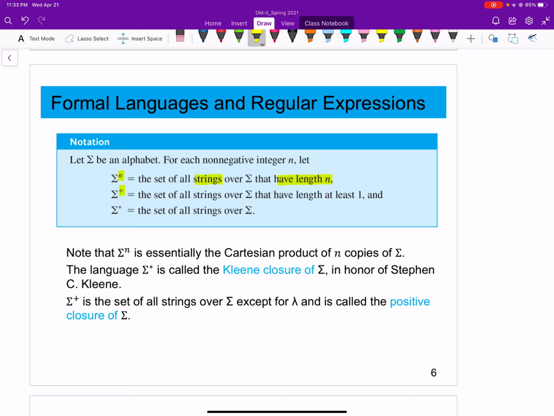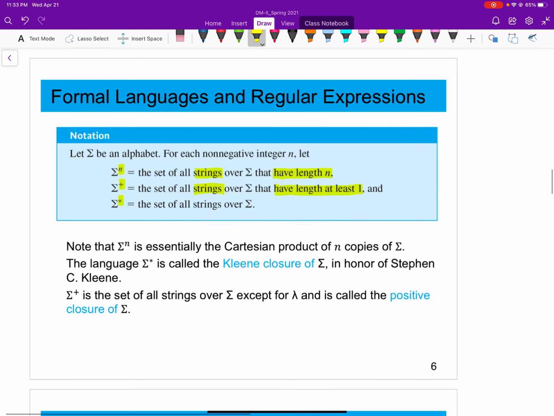This plus refers to the set of all strings over sigma that have length at least 1. And then is sigma star, that is the set of all strings over sigma. Okay, that's all strings.